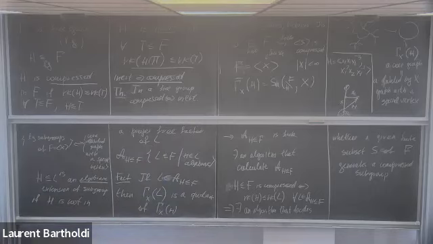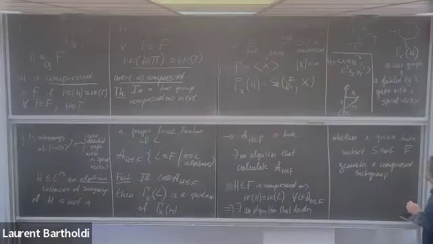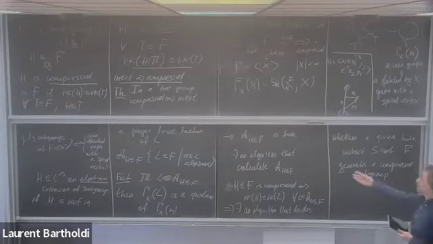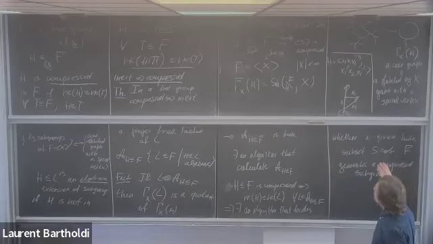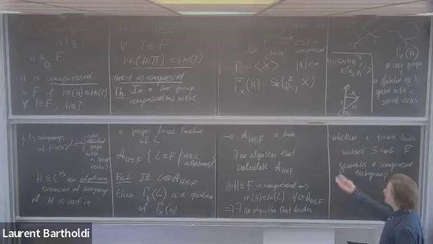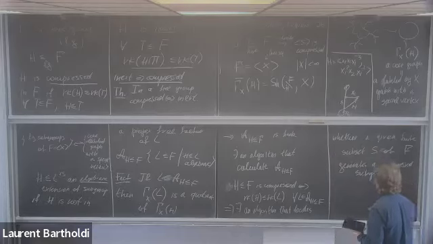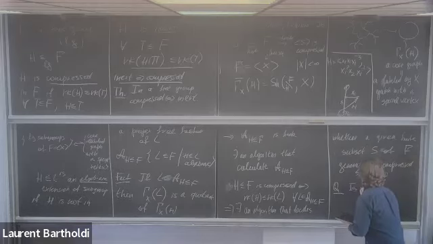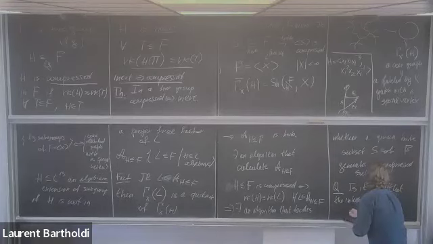So if you take, for example, this is compressed subgroups. Given a set of generators, you can somehow decide whether this subgroup is compressed. But the question is: is it true that the intersection of the compressed subgroups is compressed?